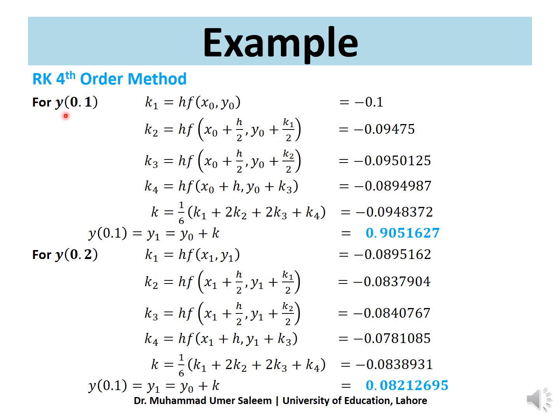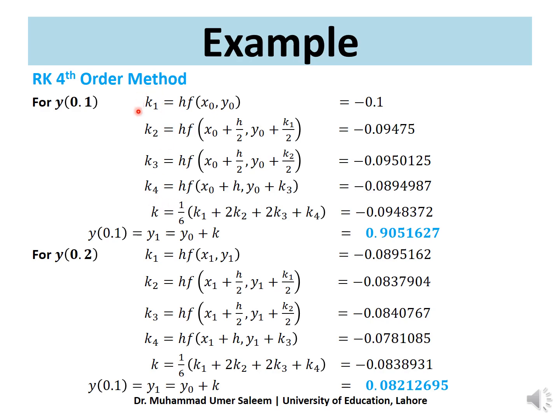So for y.1, this is the algorithm for the fourth order method. First we will calculate K1, this is -0.1, K2 is -0.09475, K3 is -0.950125. Similarly, K4 is calculated as -0.0894987.